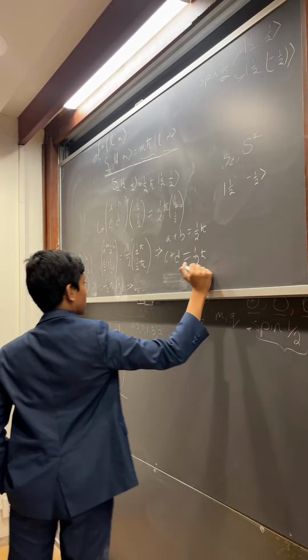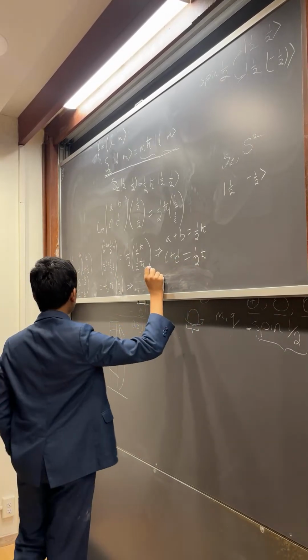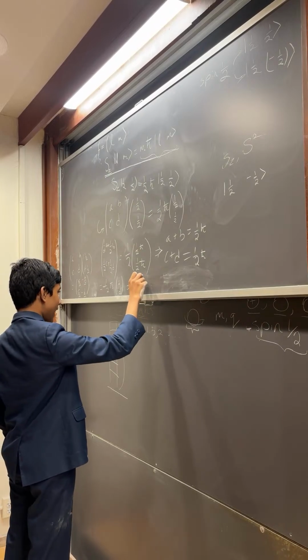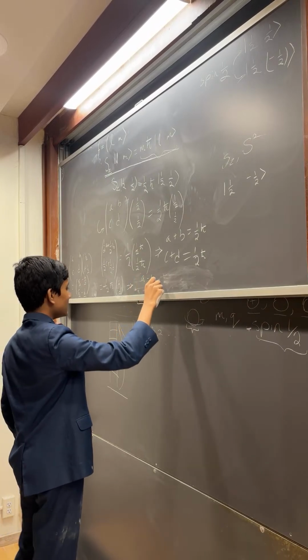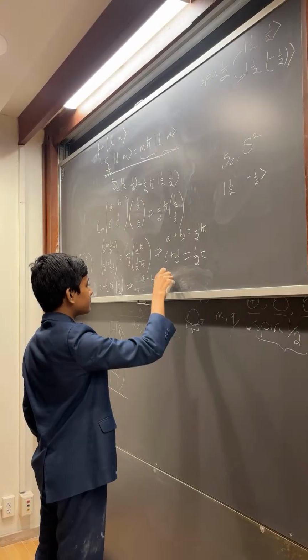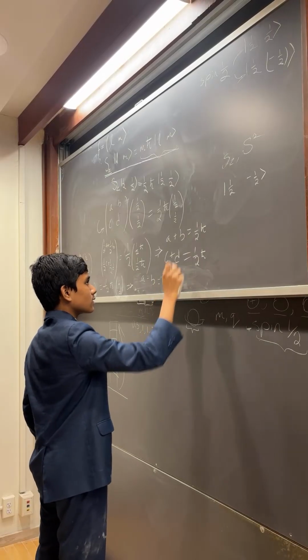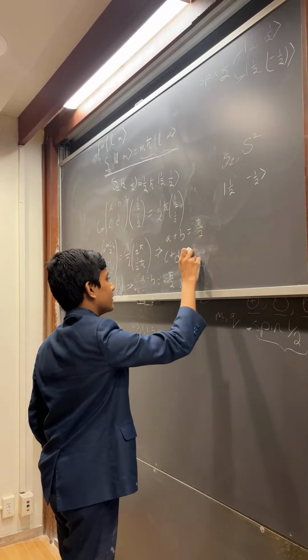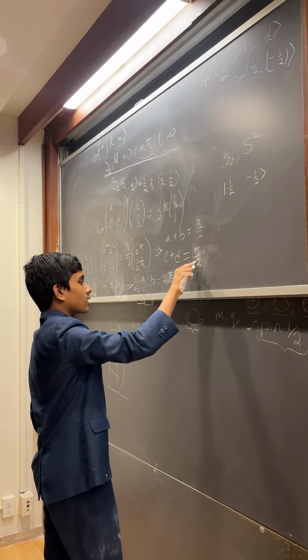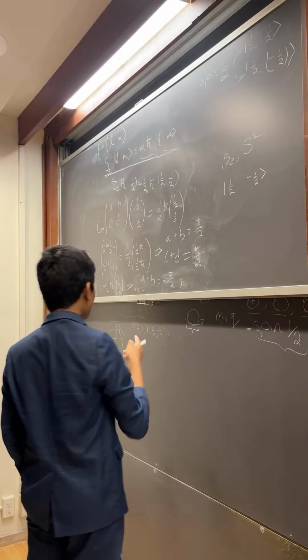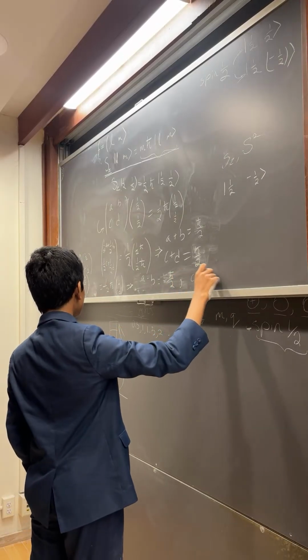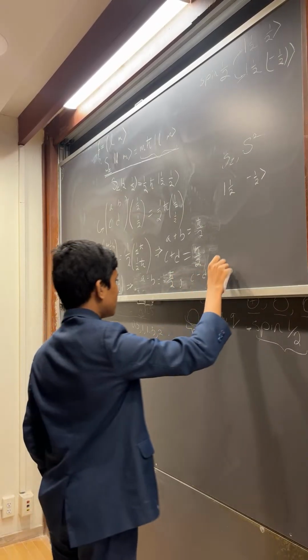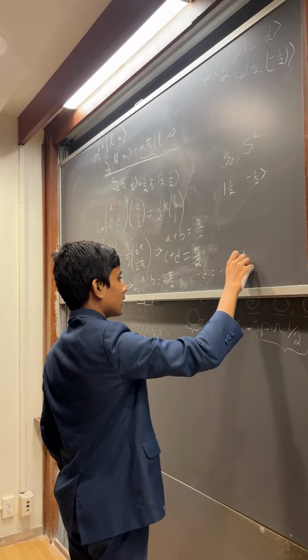Oops. So we get that a minus b is equal to minus h bar over 2, as opposed to positive h bar over 2 here. And the same way, c minus d is equal to minus h bar.